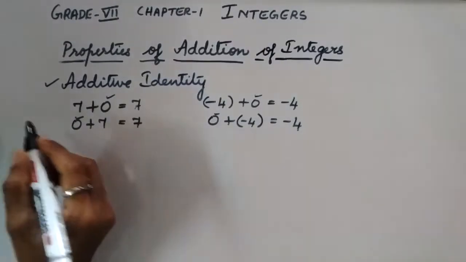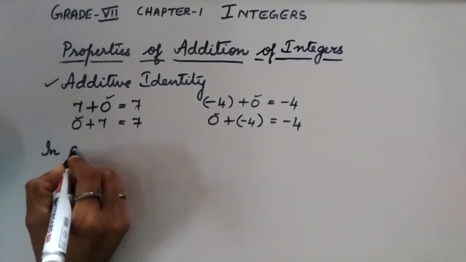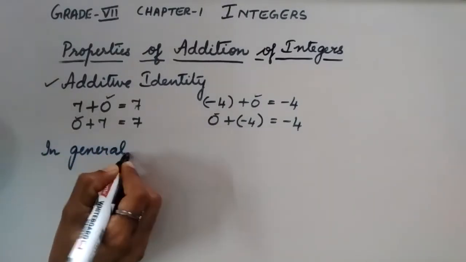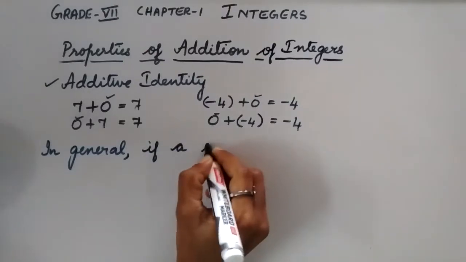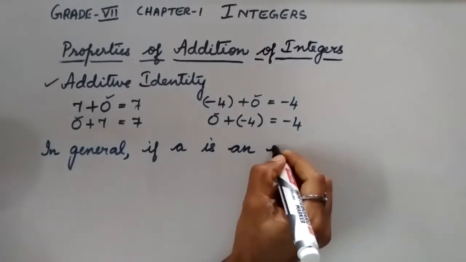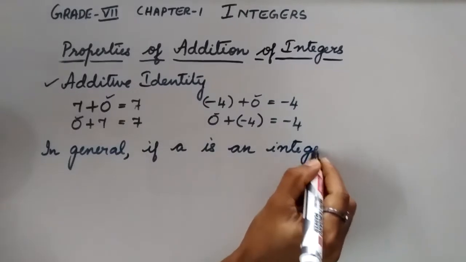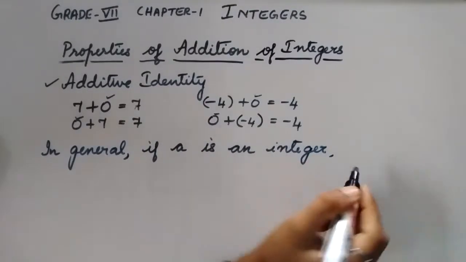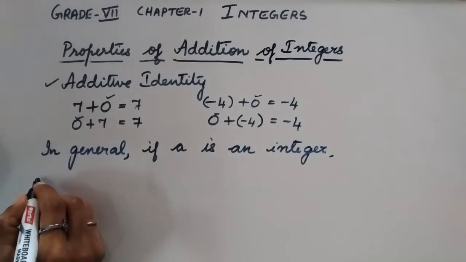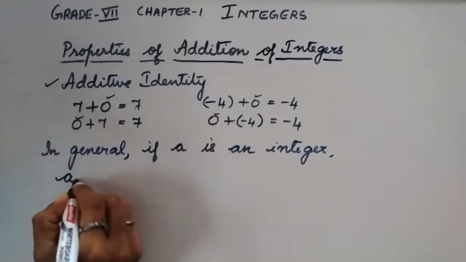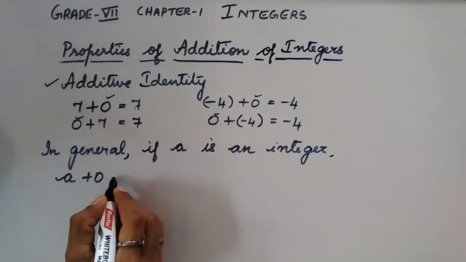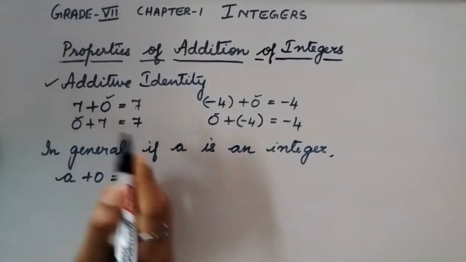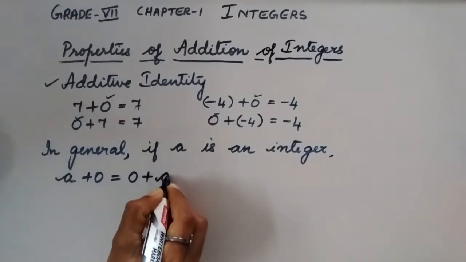So in general, I can say that if a is an integer, then a plus 0 is equal to 0 plus a.